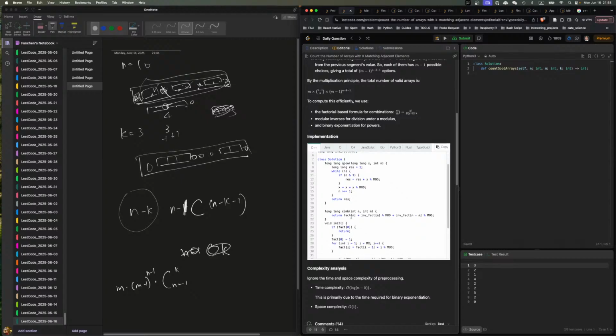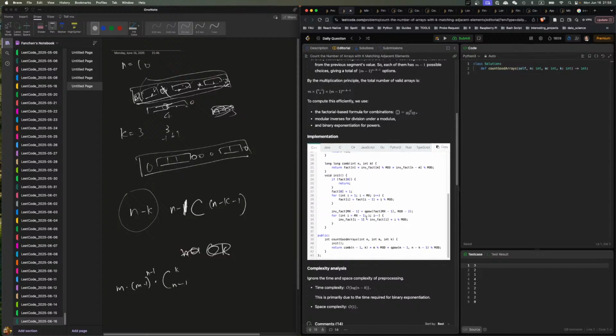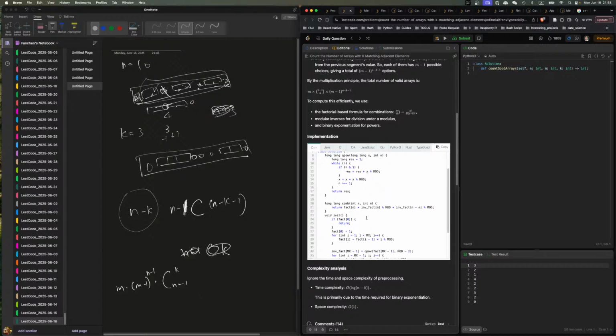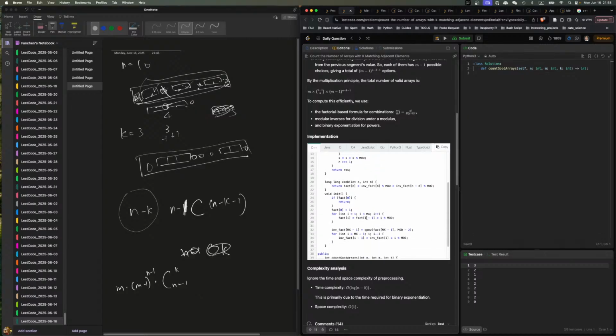Combination, factorial. Oh, inverse factorial. I seem to remember something vaguely similar to this.